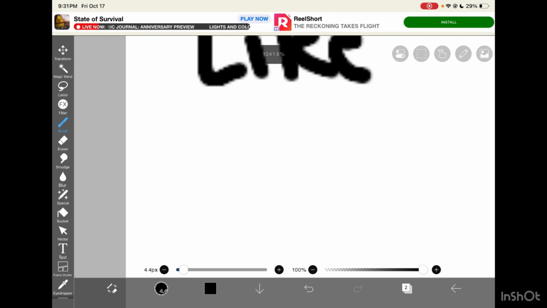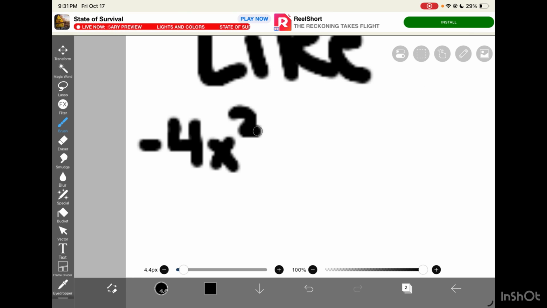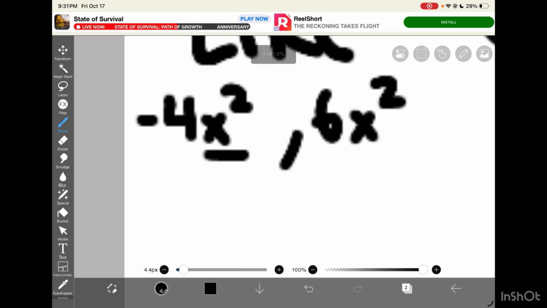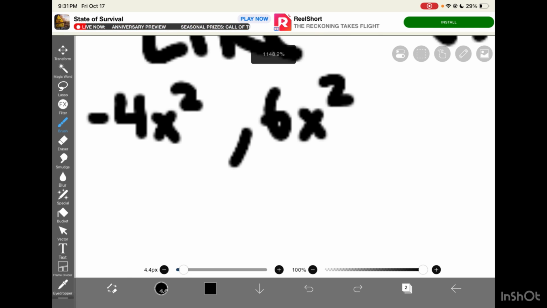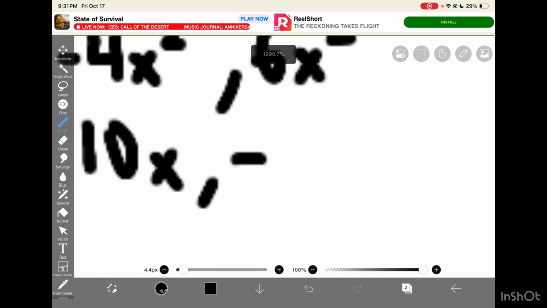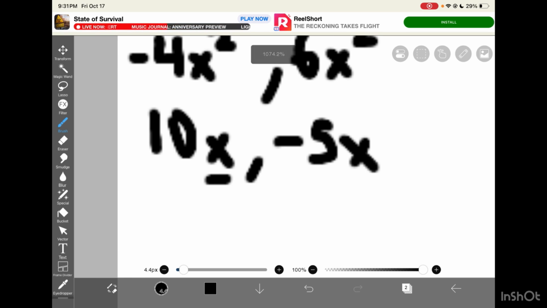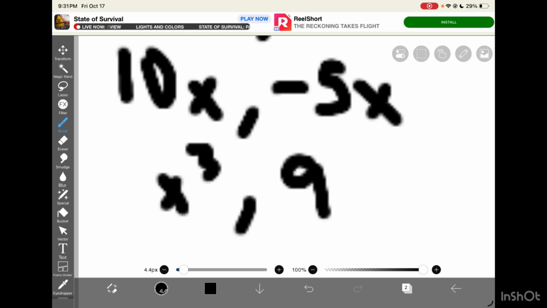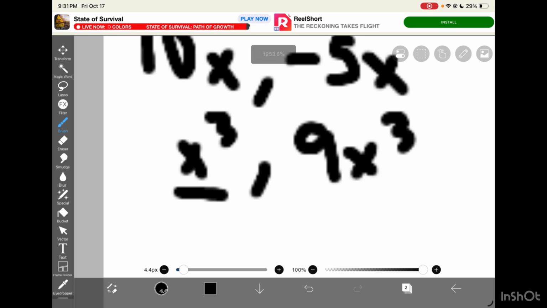Take, for example, negative 4x squared and 6x squared. They're both the same because they share the x squared. They both use x and they are both raised to the power of 2. Same thing with 10x and negative 5x because they both use x, and same with x cubed and 9x cubed because they're both x cubed.